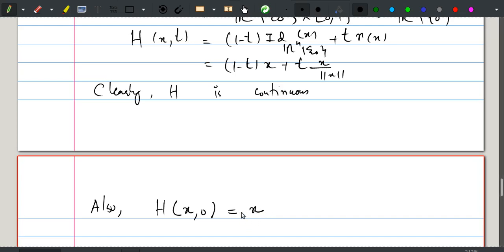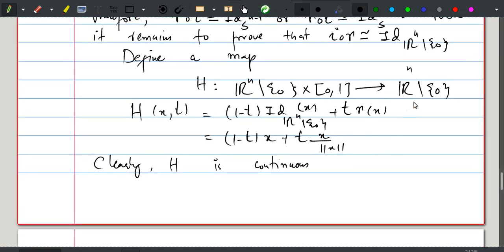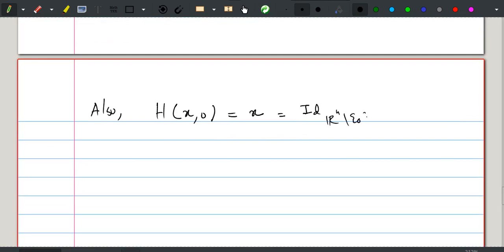This is true for all x belonging to Rn minus 0, so this is the identity on Rn minus 0.